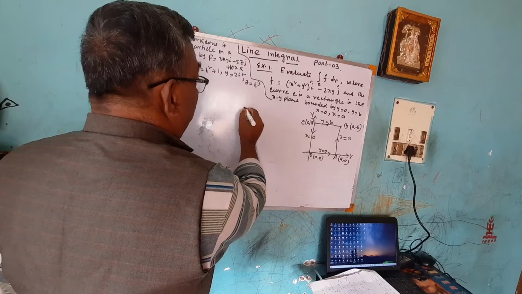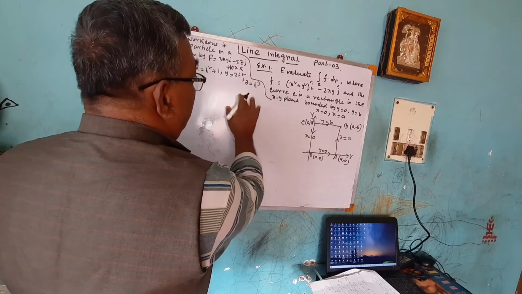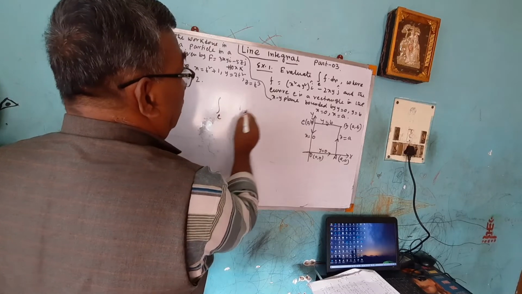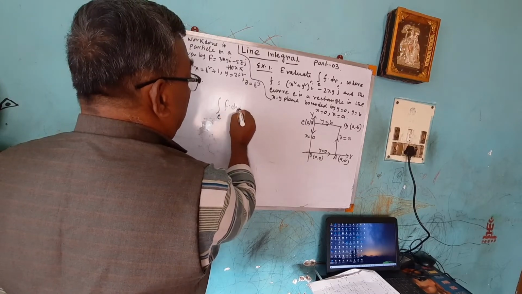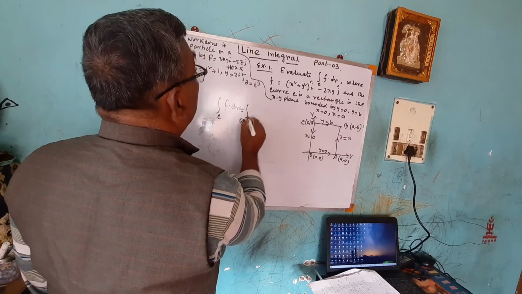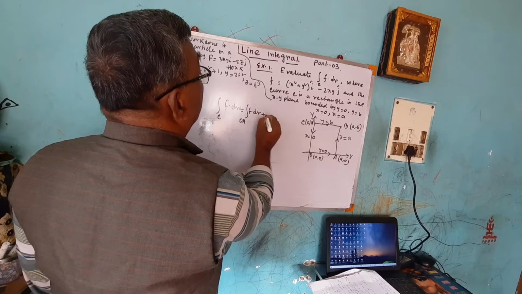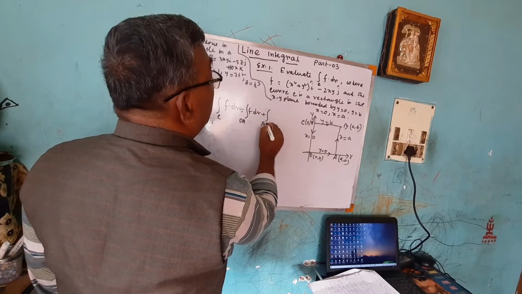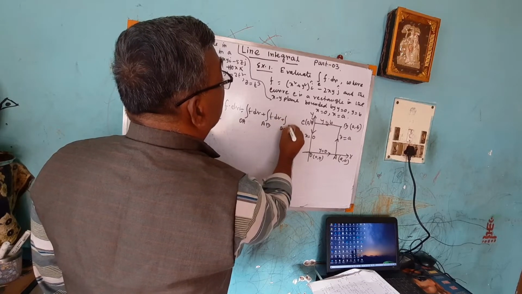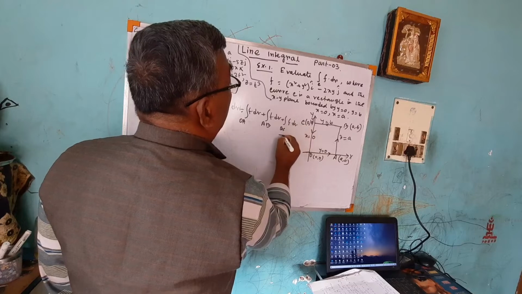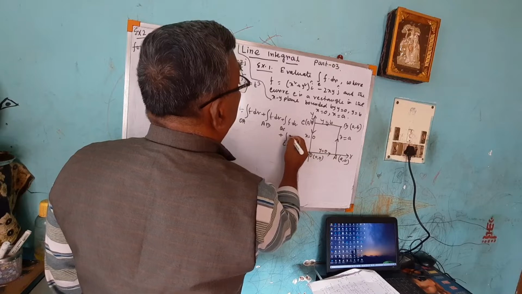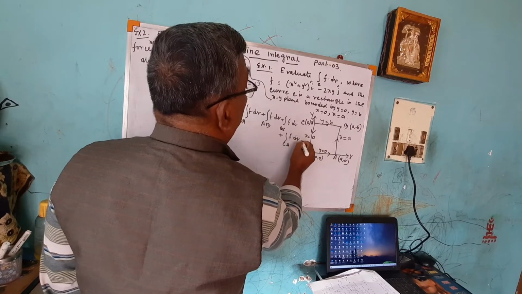We have to find the integral over C of F dot dr, that is equal to the integral along OA of F dot dr, plus along AB of F dot dr, plus along BC of F dot dr, plus along CO of F dot dr. Understand?